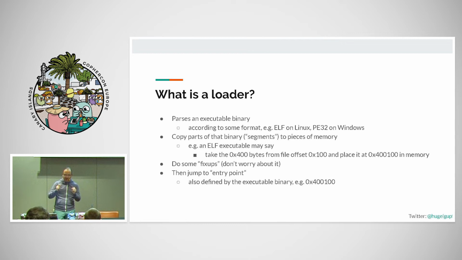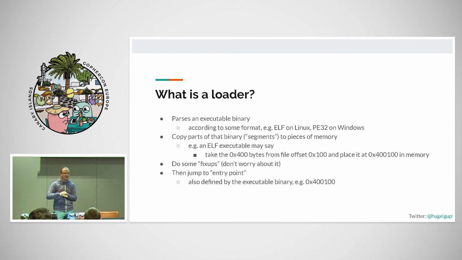And then you copy parts of that binary, usually like code segments and text segments and all that stuff, to pieces of memory that the ELF executable tells you to copy it to in some table. Right? So it could say, take 400 bytes from the file at offset 100 and put them at 0x400,100 in memory at that address. Then it might do some fix-ups and some other stuff.